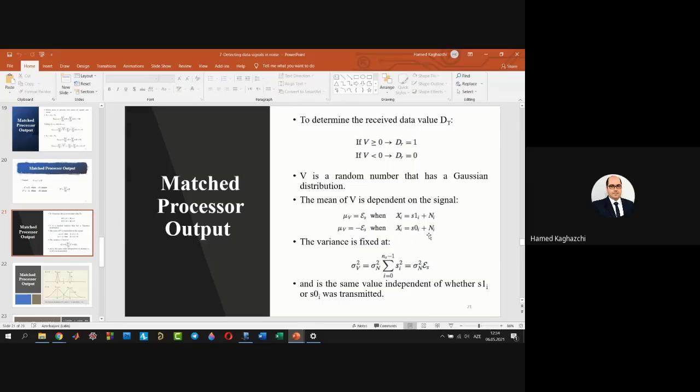Now, how can I calculate the variance of the signal? I can say that the variance of the signal is equal to the variance of the noisy signal times the energy.